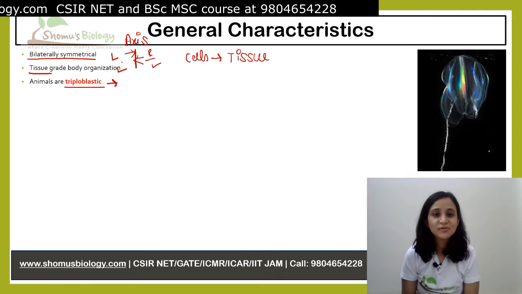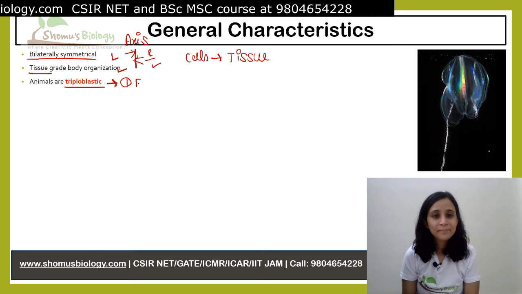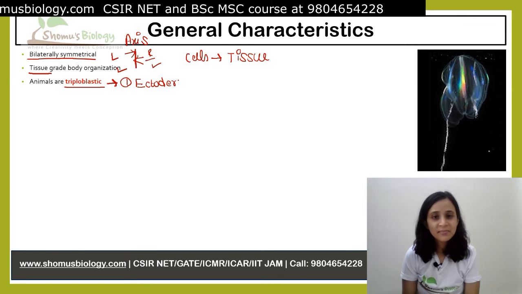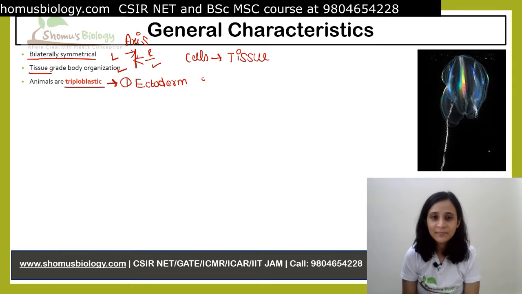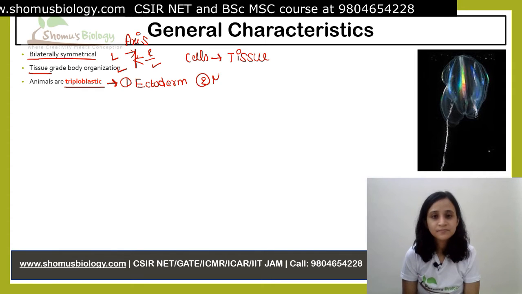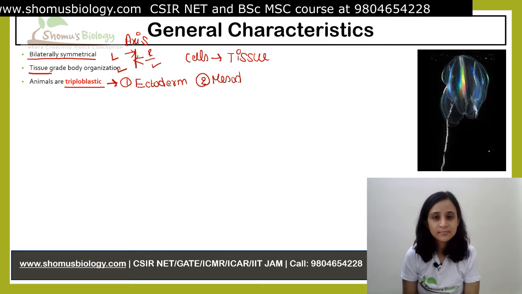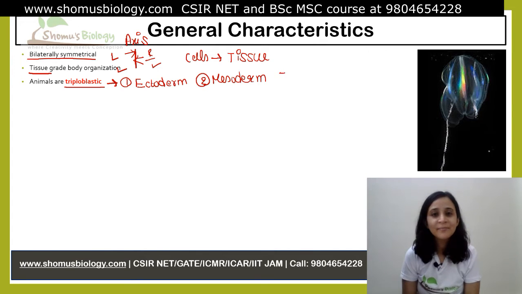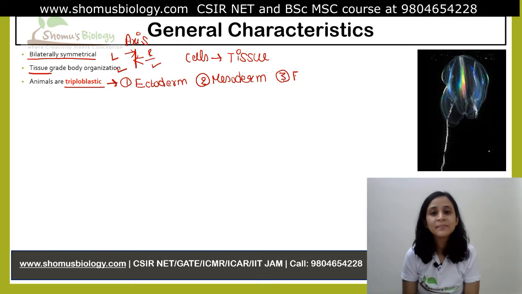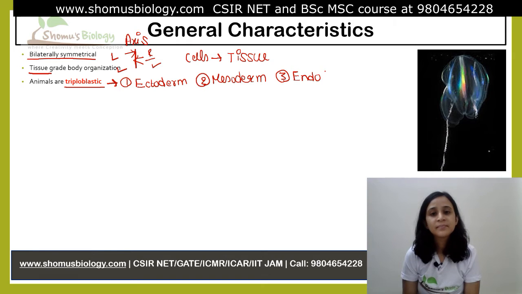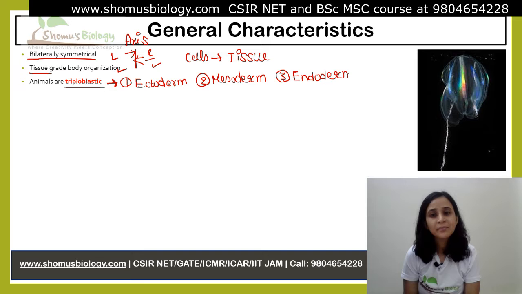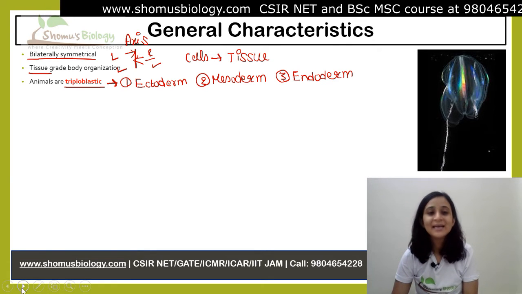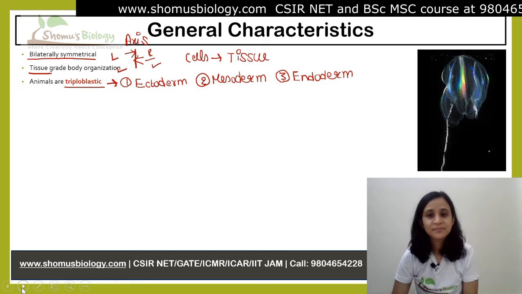First is the ectoderm, that is the outer layer. Then the mesoderm, that is the middle layer. And then the endoderm. So they have three layers of cells, that's why they are triploblastic.